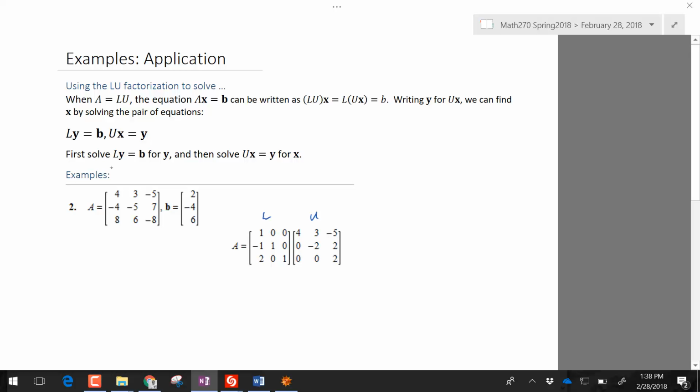Now, to actually use this in an AX equals B scenario, where A would be given and B would be given, and we're looking for X, we need to do this in a couple of steps. We need to figure out what Y is equal to, and then we need to figure out what X is going to be equal to.